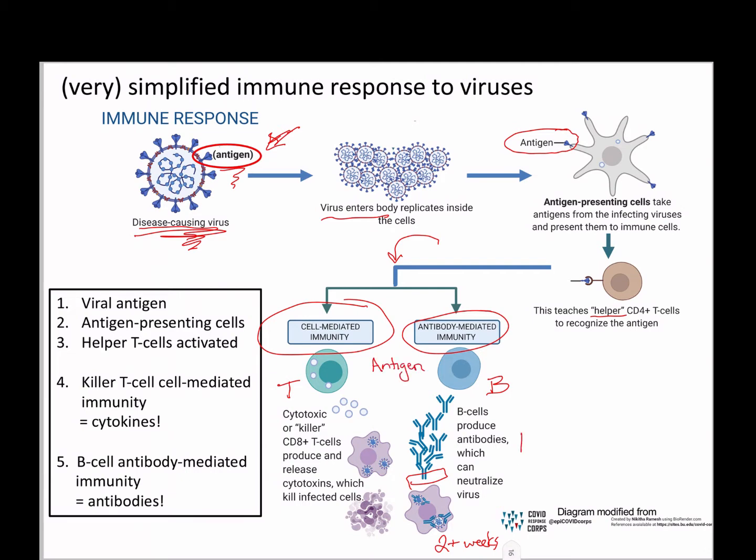You've got that antibody-based pathway, which is going to take at least a couple of weeks, and we've got that T-cell pathway, which can release cytokines and help attack the infection, but it can also have some side effects of attacking us if it goes too far. Vaccines generally activate both B and T cell pathways. Some vaccines are going to activate mainly the B cell part. Some of them are going to have more T cell activation.